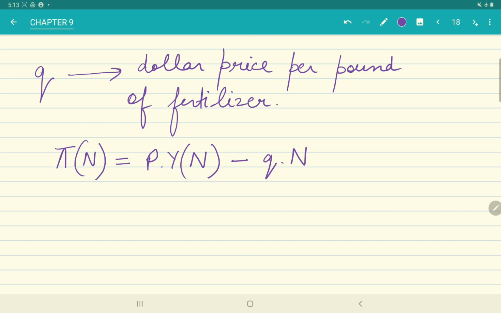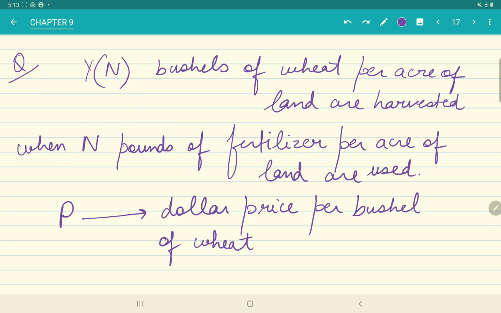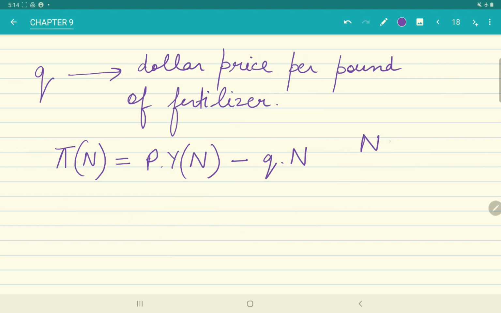And n is the pounds of fertilizer per acre of land, so on each acre we are using n pounds of fertilizer. So n is greater than or equal to 0.